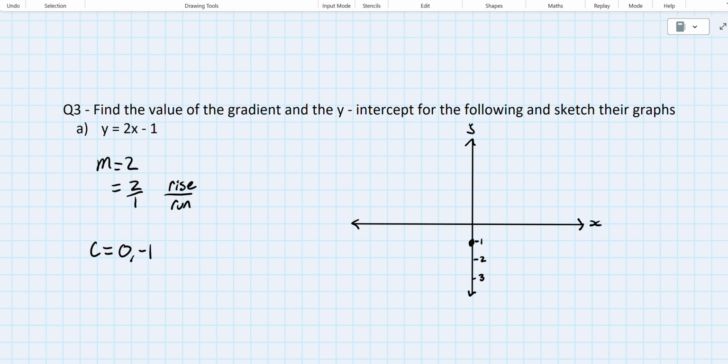That's our y-intercept. 1, 2, 3, 4. 1, 2, 3, 4. -1, -2, -3, -4. Our next point is going to move 2 up, 1 across. 2 on the rise, 1 on the run. 1, 2, 1 across. And there you have it. There's your graph there.